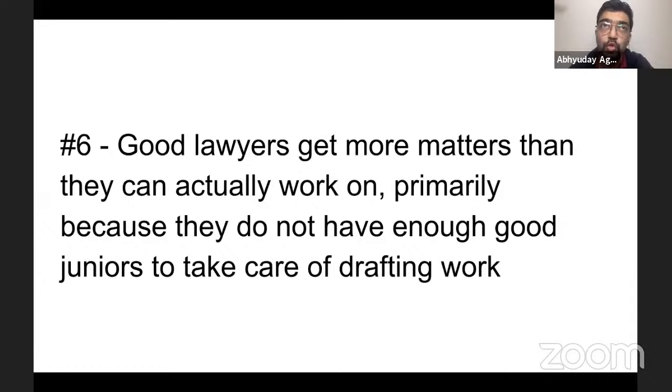Okay, even if you have 2 good juniors, how many matters can they work on in parallel? Limited number, right? So what if I can argue all the matters, because argument doesn't take my time and I'm smart enough to catch the argument, but I need like 6 parallel petitions to be drafted on one day. अब वो कैसे करूंगा? अगर नहीं कर सकता तो मैं क्लाइंट को डिले करूंगा. अगर आपके उस चेंबर में होने से वो ड्राफ्टिंग हो जाता है तो उसका बेनिफिट किसको होगा?